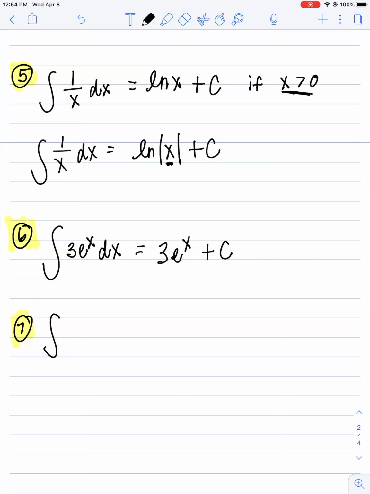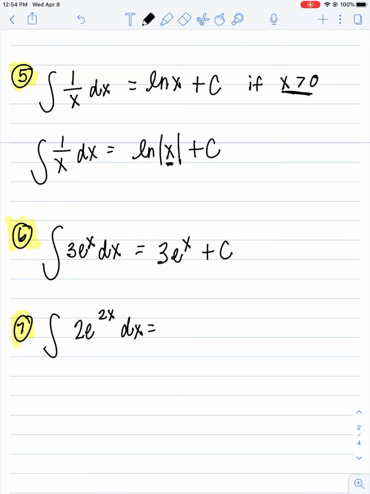Now, if I show you number 7, this is what I was hoping came out in number 6, but I wrote a poor problem. If you look at this one, 2e to the 2x with respect to x. Here's what I was hoping. If you remember from chapter 2, the derivative of e to the x was e to the x, but the derivative of e to the 2x was not e to the 2x.